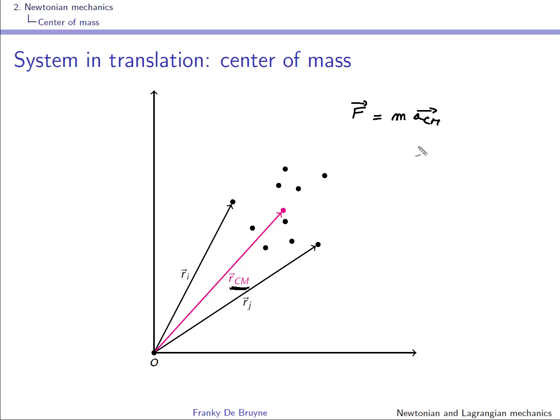And very often, if not always, I will write things like that, so I will forget about this subscript cm. But if you're working with a system of particles, or if you're working with a rigid body, you have to keep in mind that you have to work with this idea of center of mass.